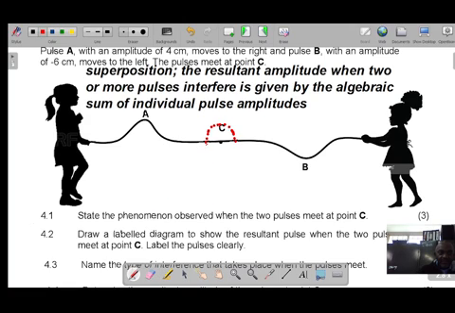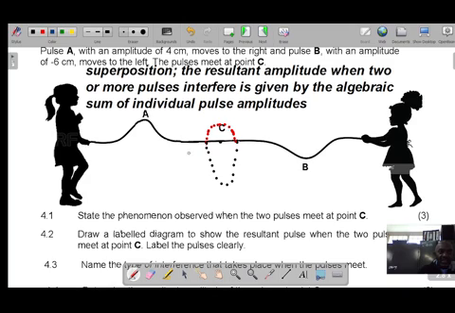If this is for B initially, which was what? We said negative 6, with a positive 4. What do we get here? Let me get my resultant now in blue.